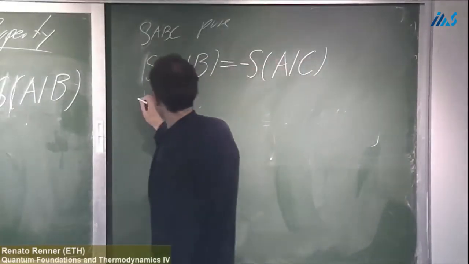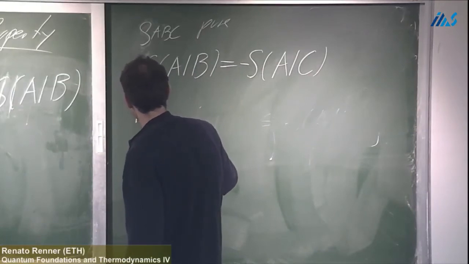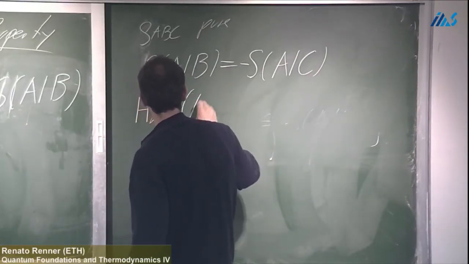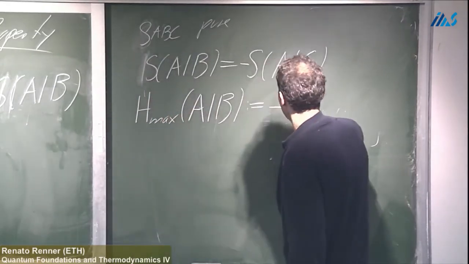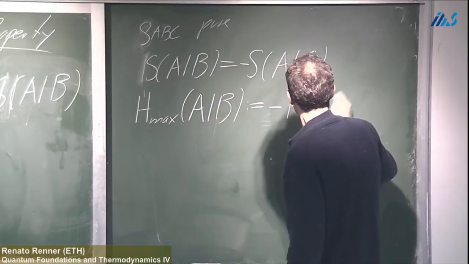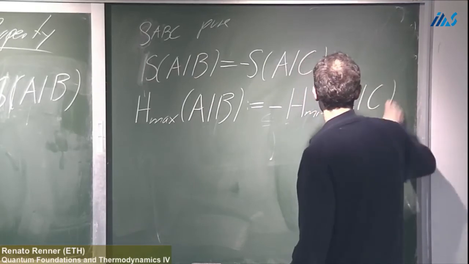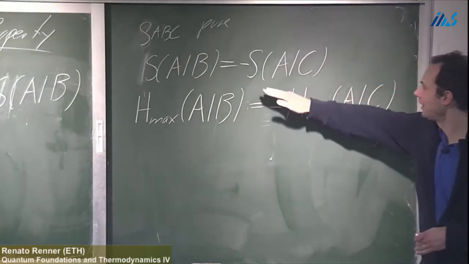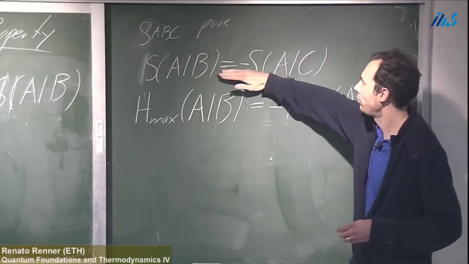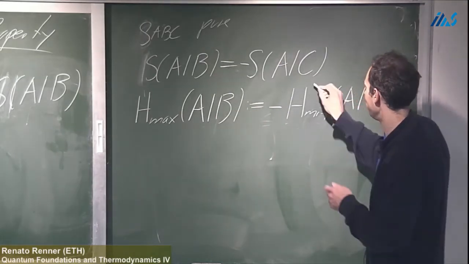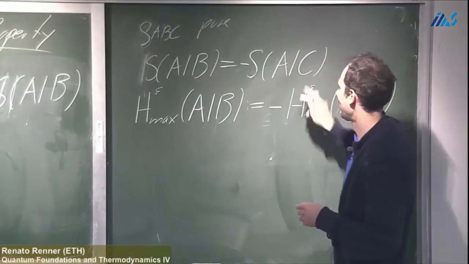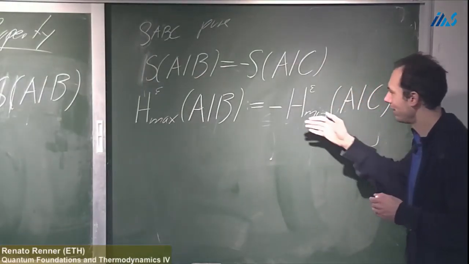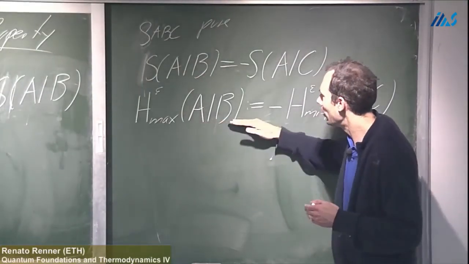Now, what we define is something which is the max entropy, H-max of A given B, and this is defined as minus the min entropy of A given C. So the statement which is true for the von Neumann entropy is no longer true for the min entropy. It's not the same whether I condition on B or on C. But it gives me a new entropy measure.